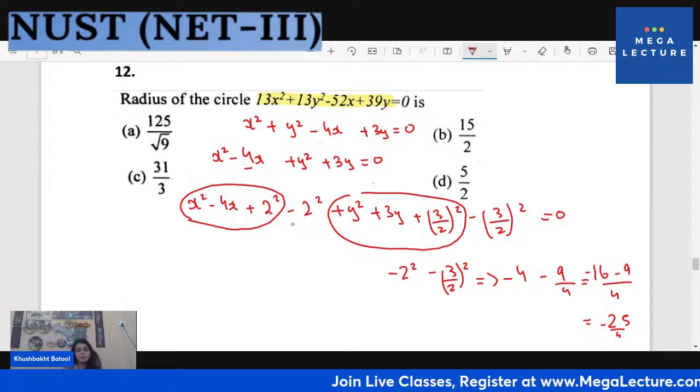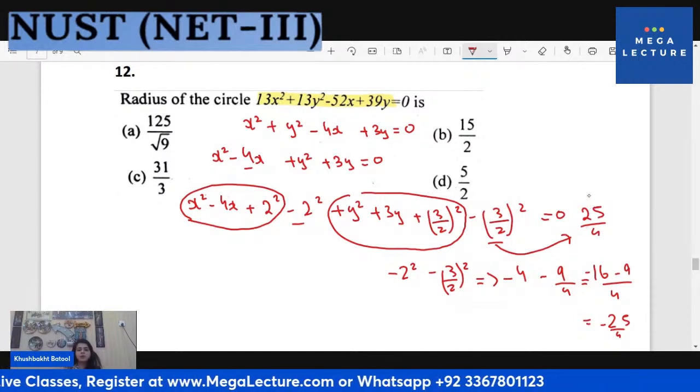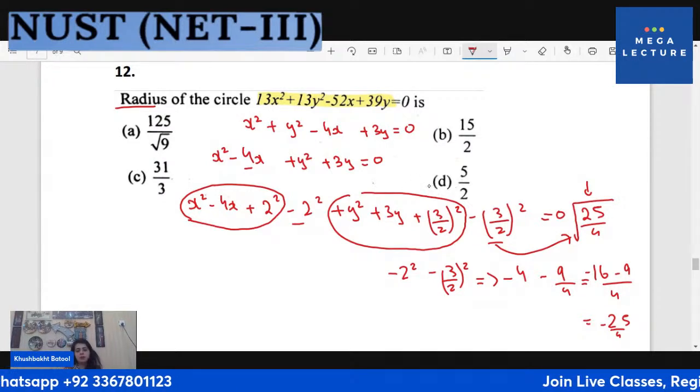When I take this minus 25 by 4 to this side, it would become 25 by 4, and obviously we have r squared here. For the radius, I need to find the root of this number, that would be 5 by 2. So the answer is going to be D in this case.